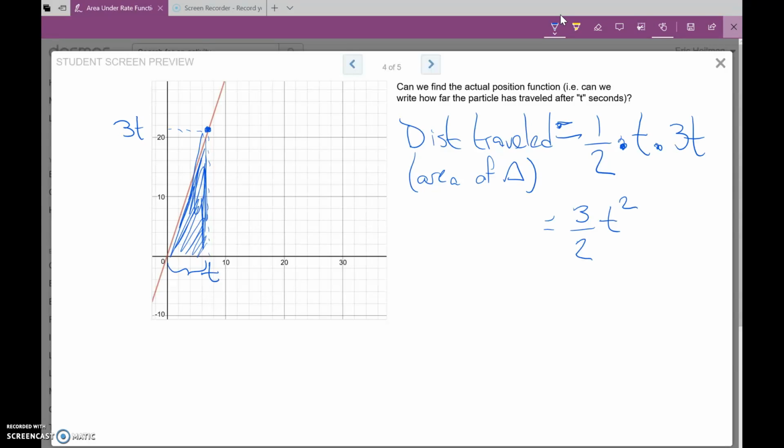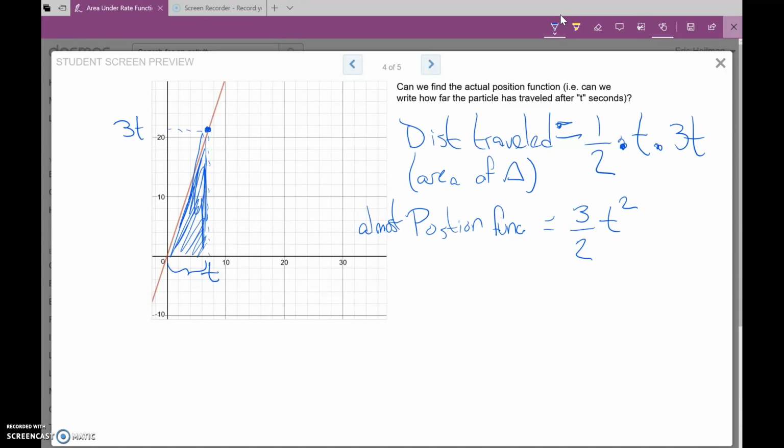So what we've done is we have found a position function. Well, it's not actually the position function, it's how far the particle has traveled since t equals 0. So almost a position function, right?